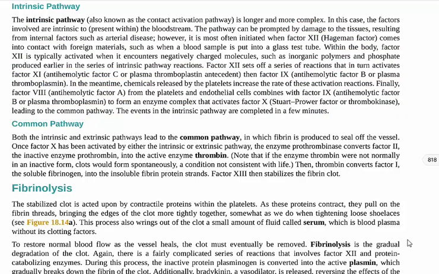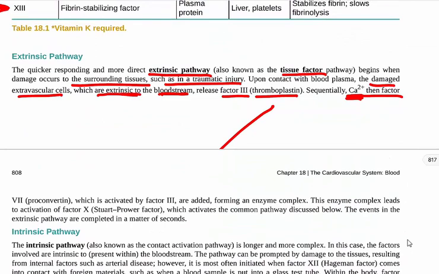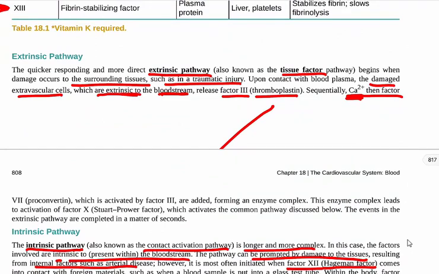Okay, so then if we look up here, what you need to know for the extrinsic pathway is similar. We have our damaged cells, the extravascular cells that are outside of the vessels, going to release factor 3, which is thromboplastin, and then that is going to initiate calcium being released, and then our proconvertin being released, and then that's activated by factor 3, the thromboplastin, and then that's going to form that enzyme complex.